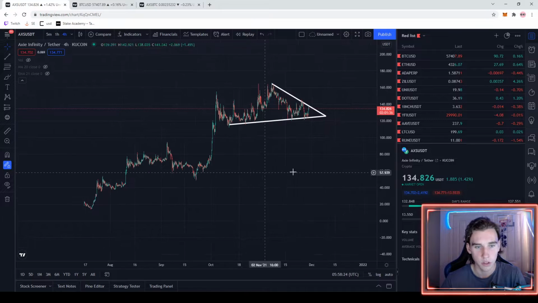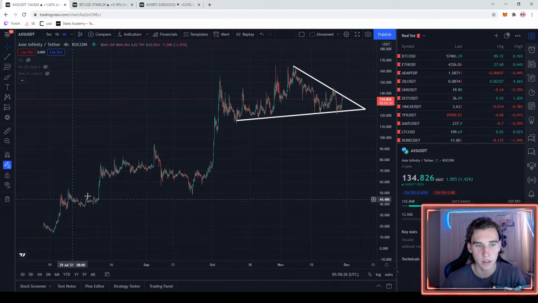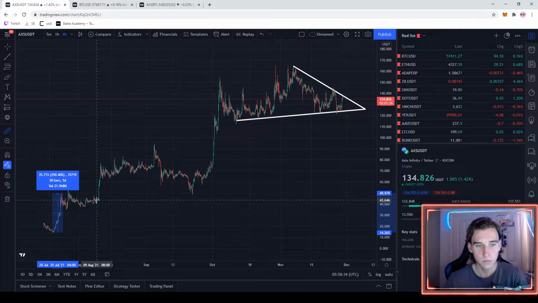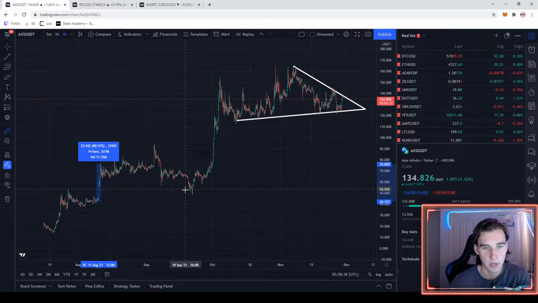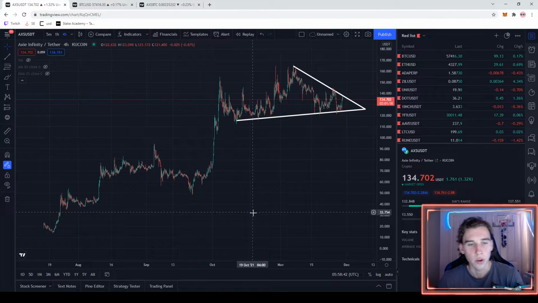Taking a look at this coin, we can see we've basically seen three main moves. The first move was down here, the first run, which is a 250% move. The second move was this, which is an 80% move, and the third move was here, which was a 114% move.